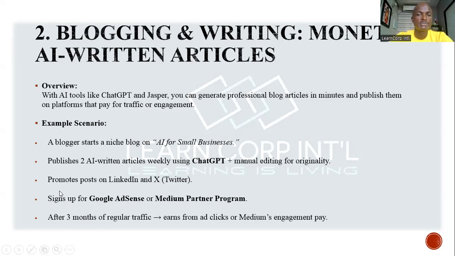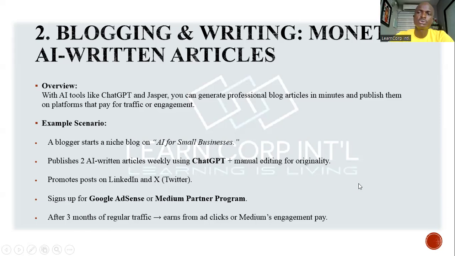So you could publish 2 AI written articles weekly using ChatGPT, and then you do some manual editing for originality that carries your personality and content, and then you can promote it on LinkedIn or Twitter, and then you can sign up for Google AdSense or Medium partner programs.